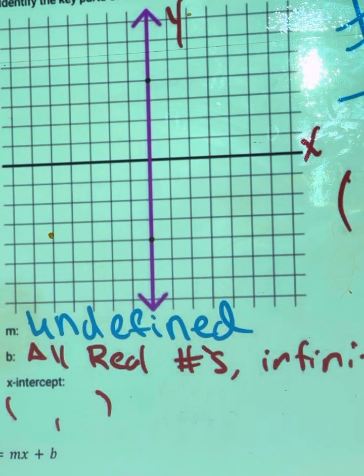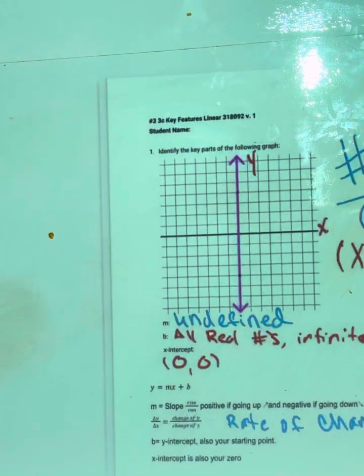Perfect, 0. So 0, 0. And your y value would be 0. The x-intercept is an ordered pair. Sometimes it will accept it as a single number. If you're not sure, try it as a single number. Okay, questions?